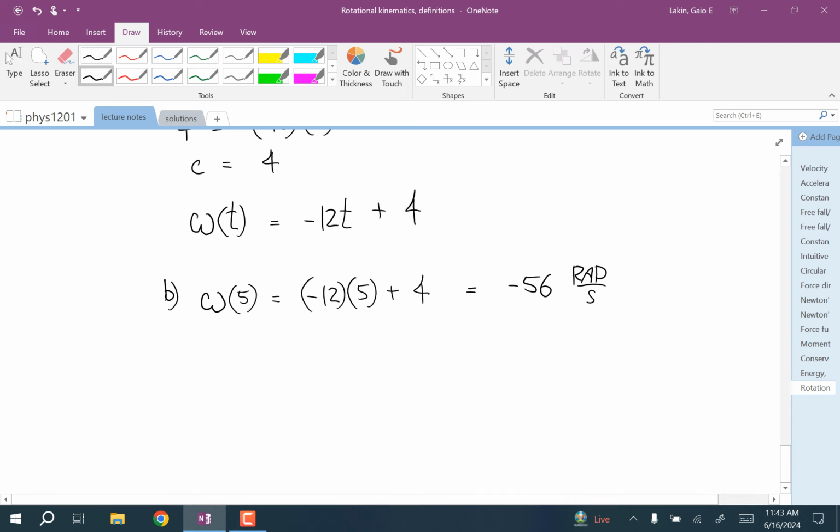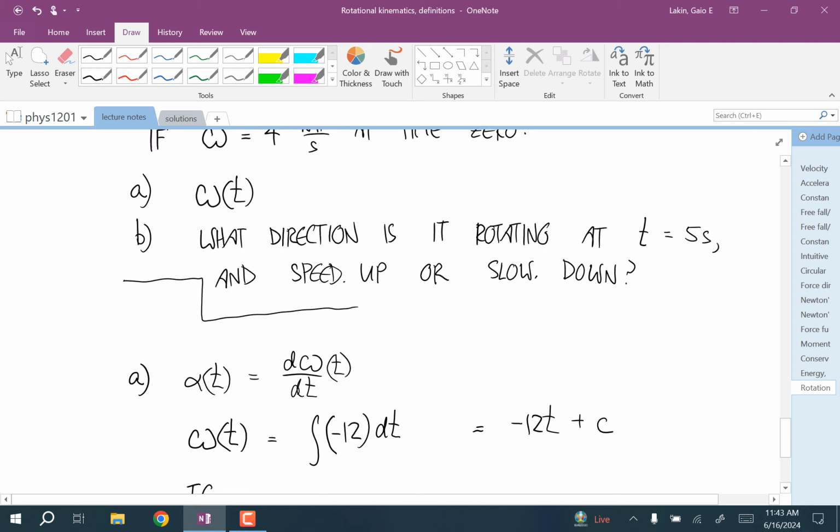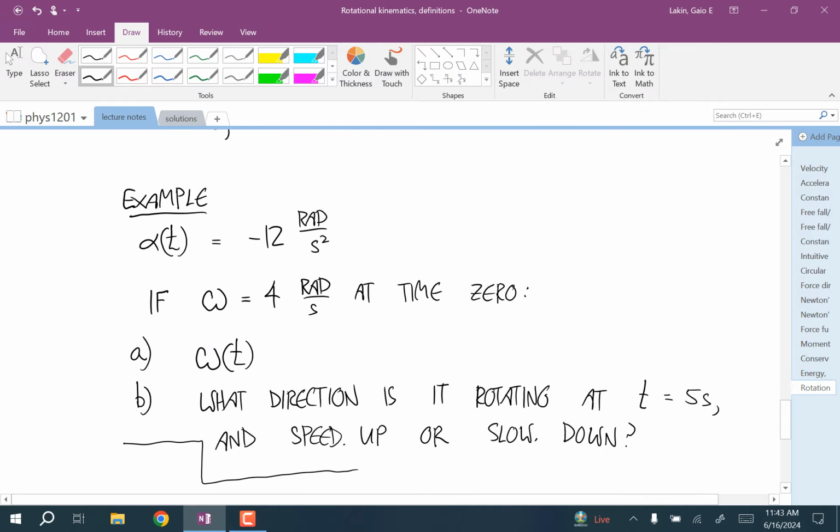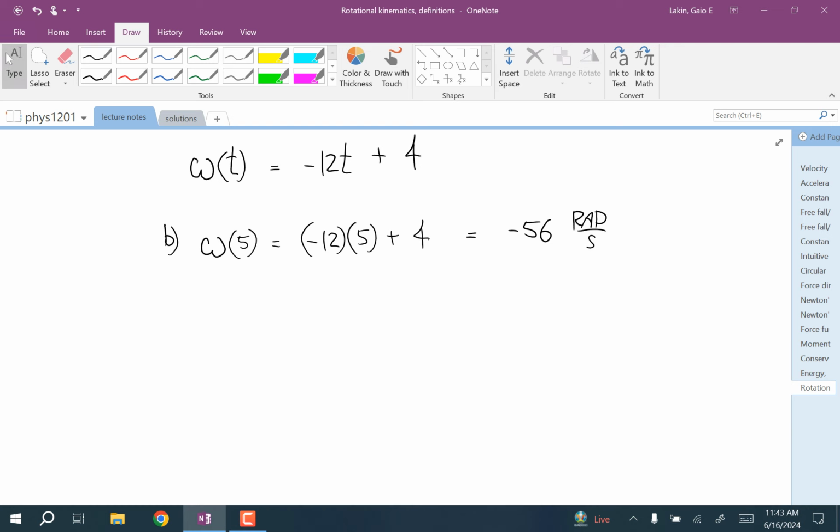And you can see from the negative that it's moving in the clockwise direction. And now we have to figure out the sign of alpha at that instant. We're given in the problem that at every instant alpha is equal to negative 12. And so alpha and omega are both negative. And so this object's rotations are speeding up.